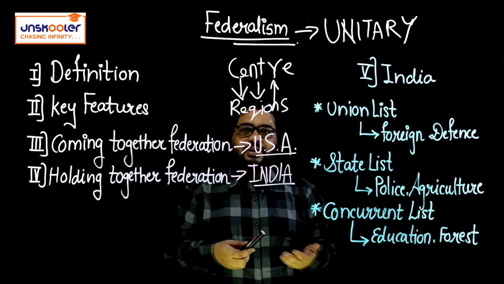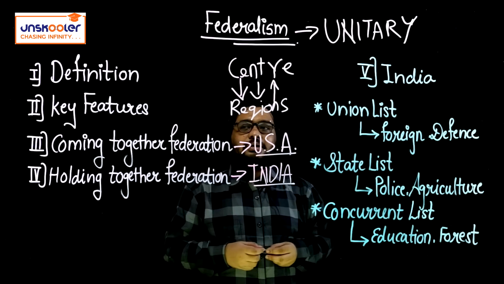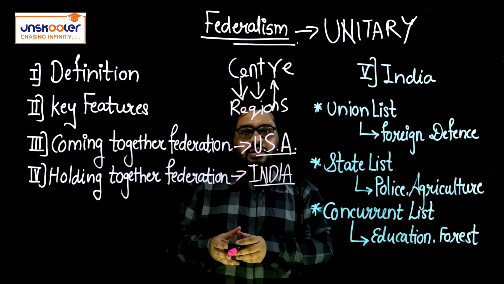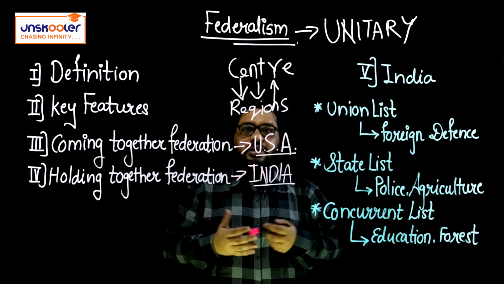It has its different language, its different culture, different food habits. As a result, it was very important to uphold the federal nature of the country, because we were a newly independent country.